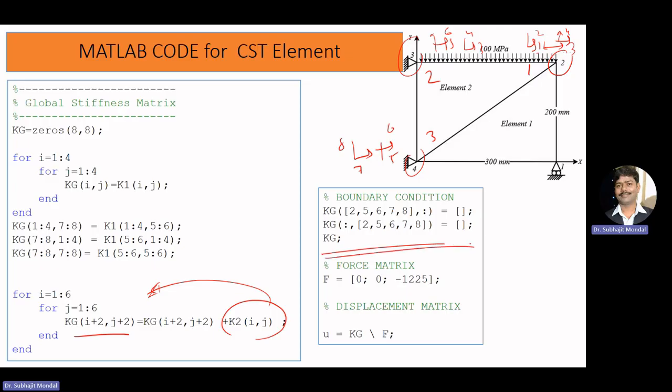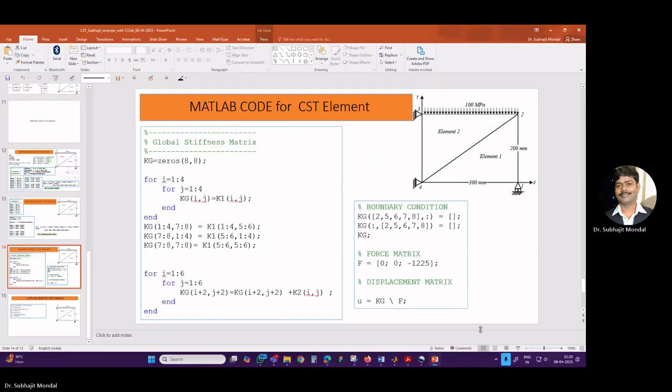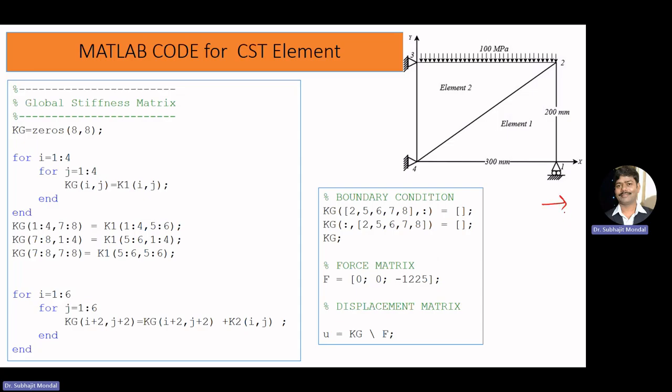Now here we are applying the boundary conditions. We are eliminating the rows and columns which are restrained. Here you can see the degrees of freedom 1, 2, 3, 4, 5, and 6, and here we have 7 and 8. Okay.